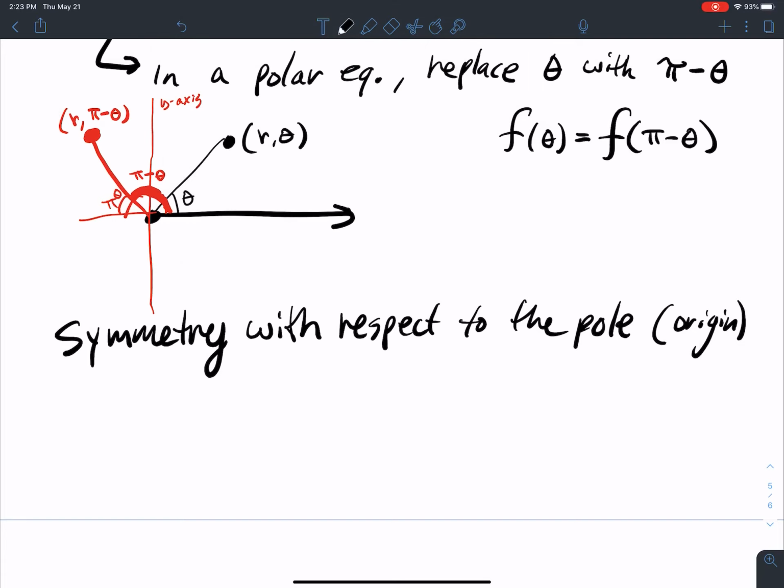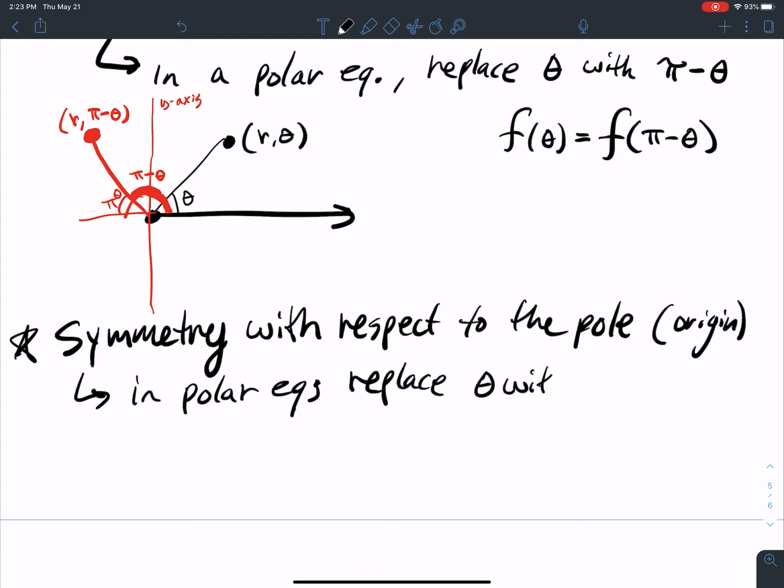So in a polar equation, replace theta with pi minus theta and replace r with negative r. Okay?